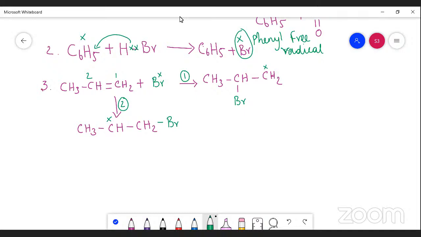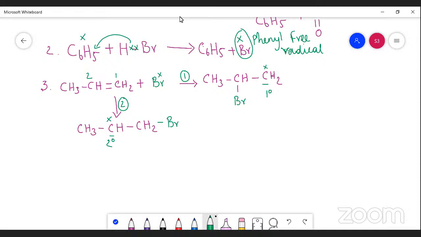That is the product of the first reaction. This carbon is attached with only one carbon. But in the second reaction, this carbon is attached with two other carbons. So this is the primary carbon and this is the secondary carbon.